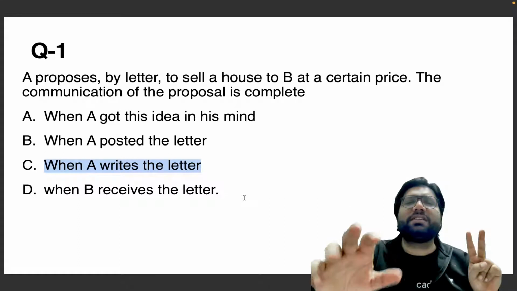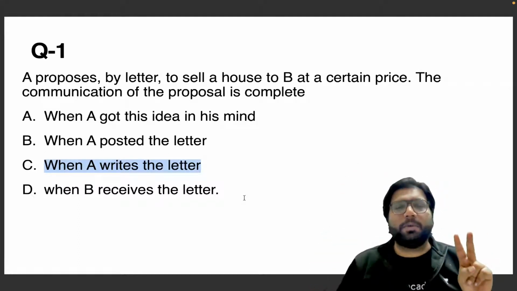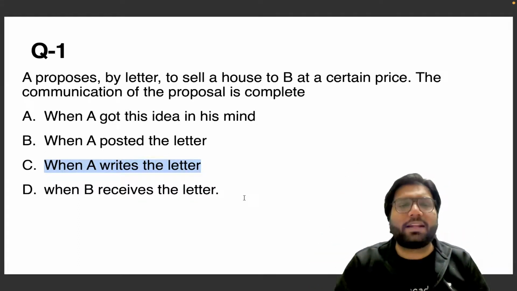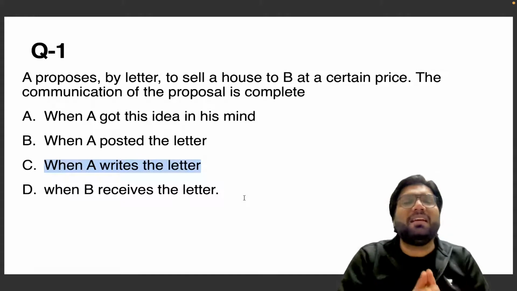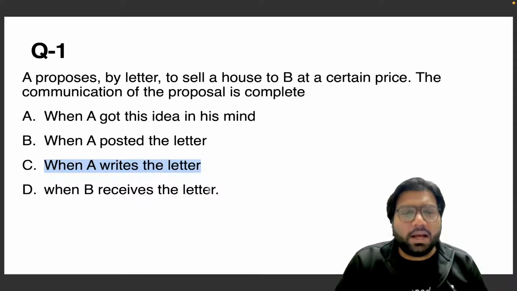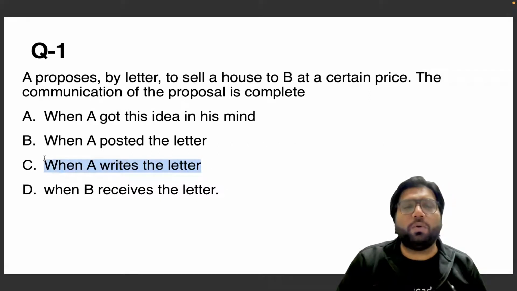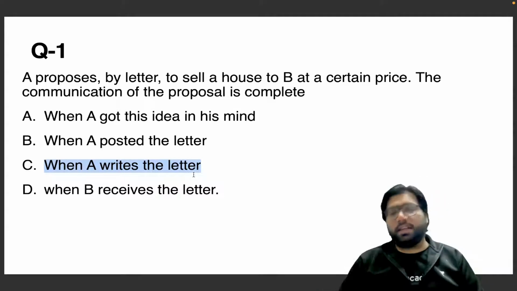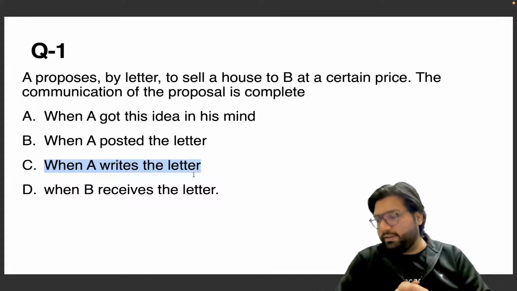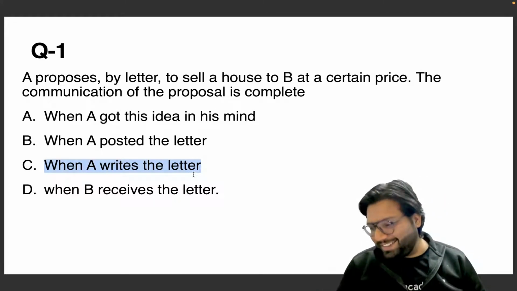The question remains the same, all the other option remains the same. Only I'm changing one option, and that is when B read that letter. So suppose B received it on Monday, and he read it on Tuesday. When B reads the letter, so what is going to be the answer then? Question number 1.